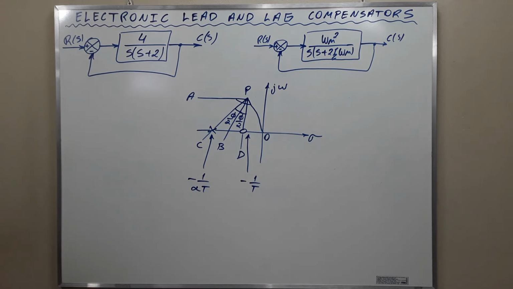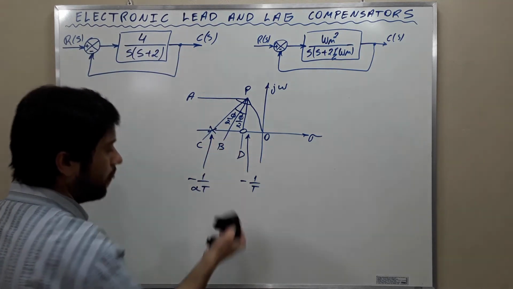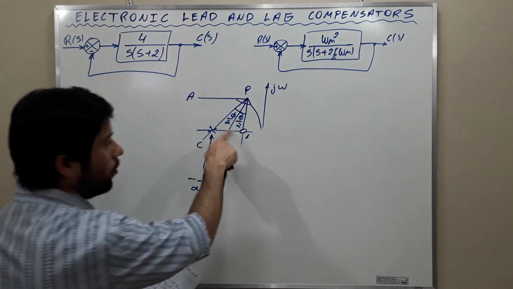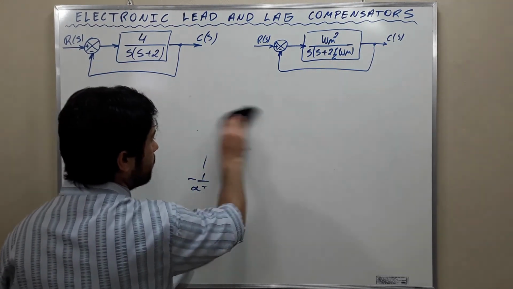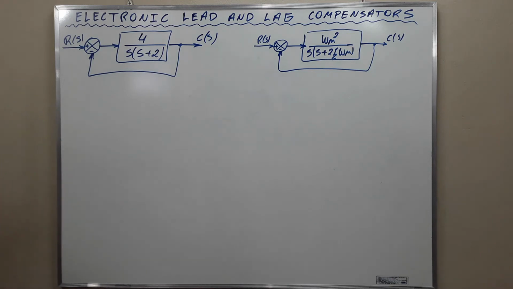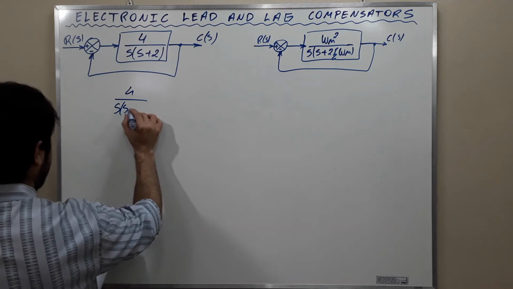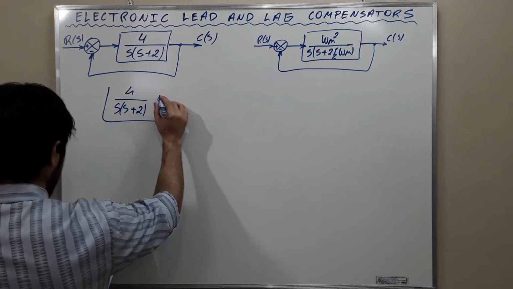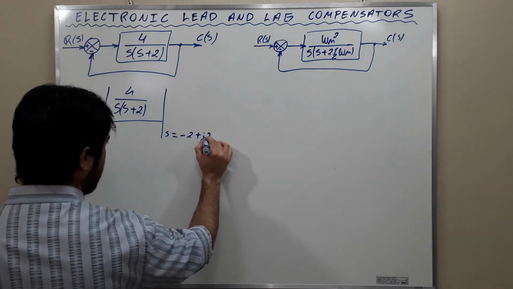In the present system, the angle of G of S at the desired location of the closed loop pole is the angle of 4 over S plus 2, this angle at S equal to negative 2 plus j square root of 3.